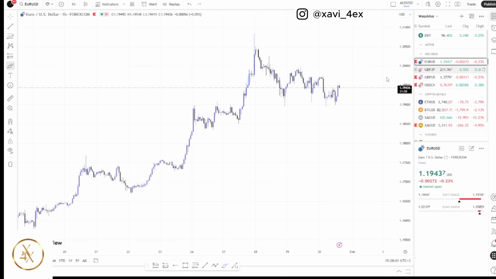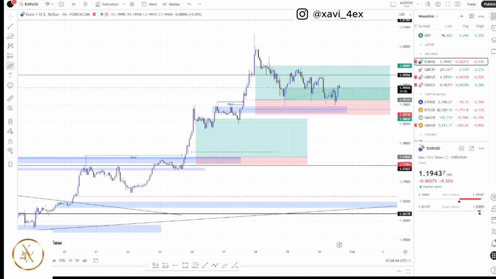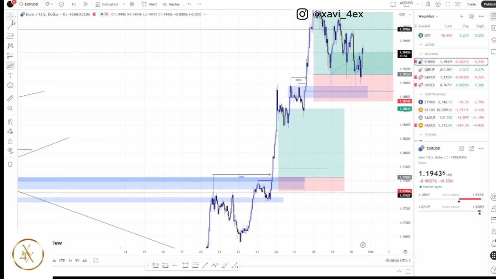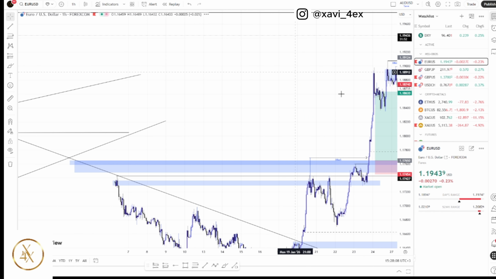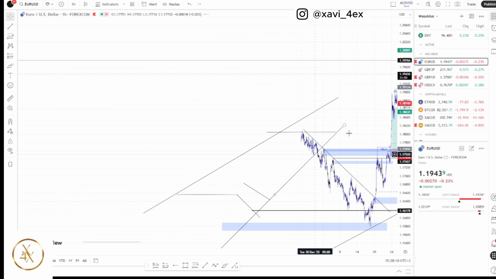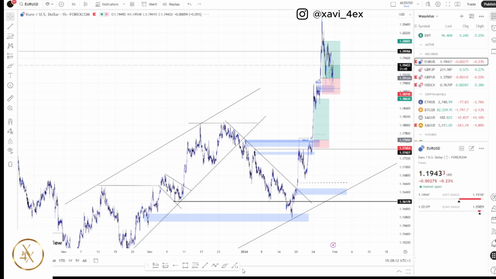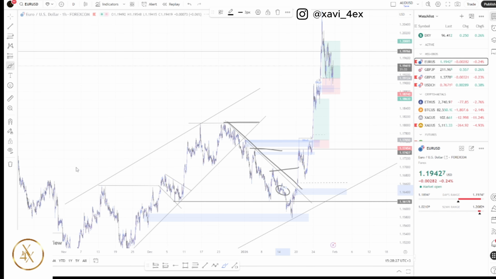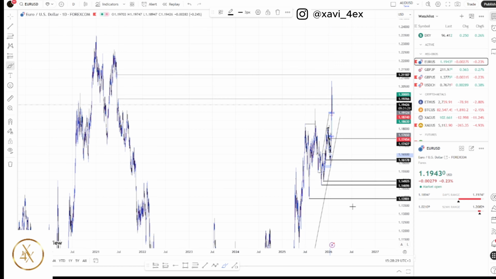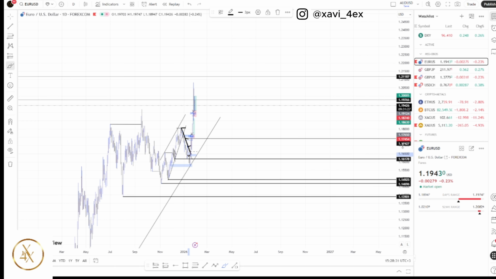Euro USD has the same kind of trade here. Once you're bullish, you're going to take out all this liquidity here. Don't try to sell because you think you're in a bearish market. No, go to the daily. See what the market has been doing over time.